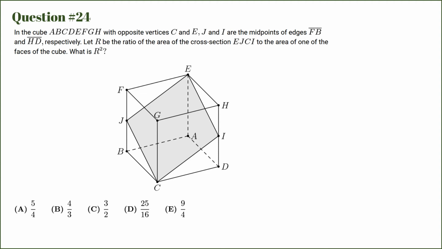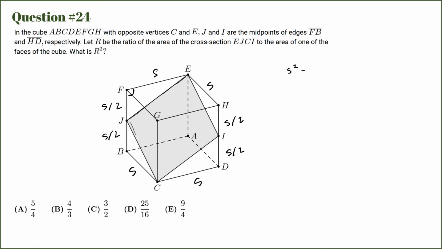Okay, first of all, let's assign a variable for the side length of this cube. Let's say it's S. Then this is S over 2, S over 2, S, S, S over 2, S over 2, S. We can see that this is a right angle. So we can see that each of these sides are, what is it?